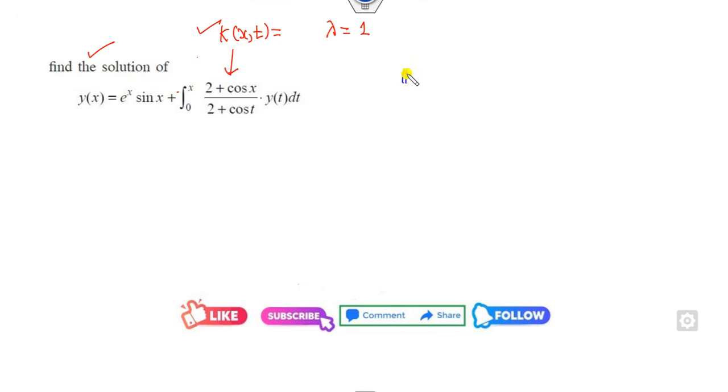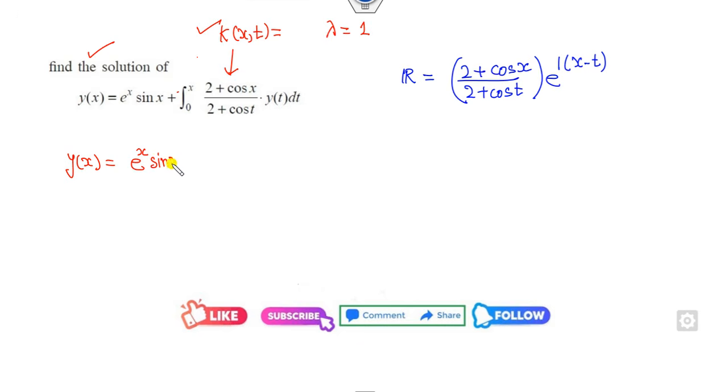So what is the resolvent kernel? Resolvent kernel will be (2 plus cos x) divided by (2 plus cos t), e raised to power lambda, which is 1, into (x minus t). Now your solution will be y of x equals e raised to power x sin x plus integration from 0 to x of this resolvent kernel, (2 plus cos x) over (2 plus cos t), e raised to power (x minus t) into f of t.